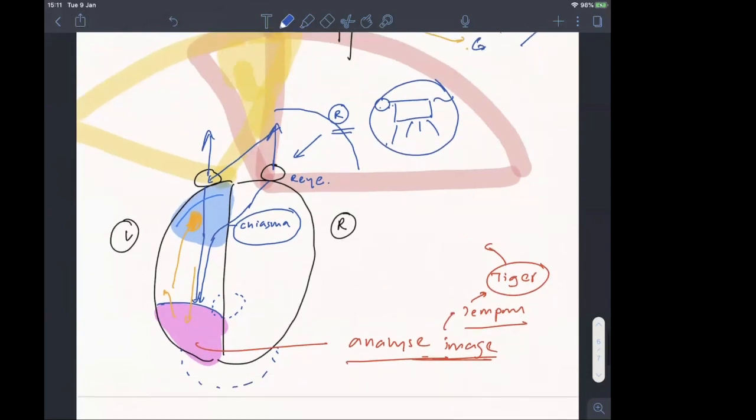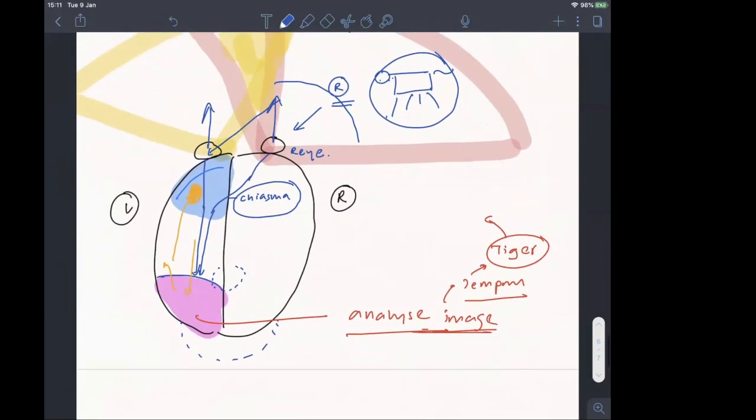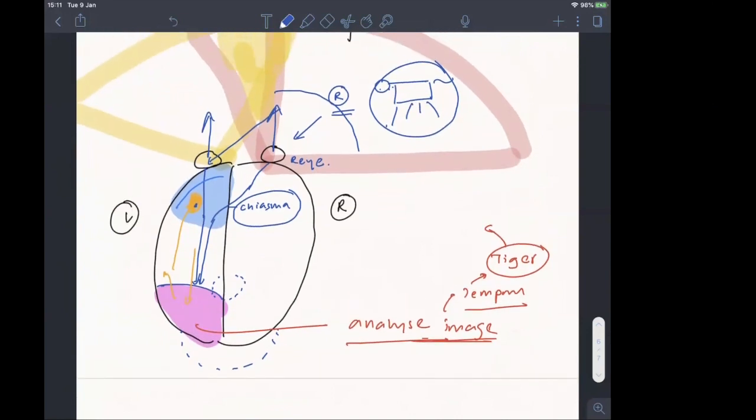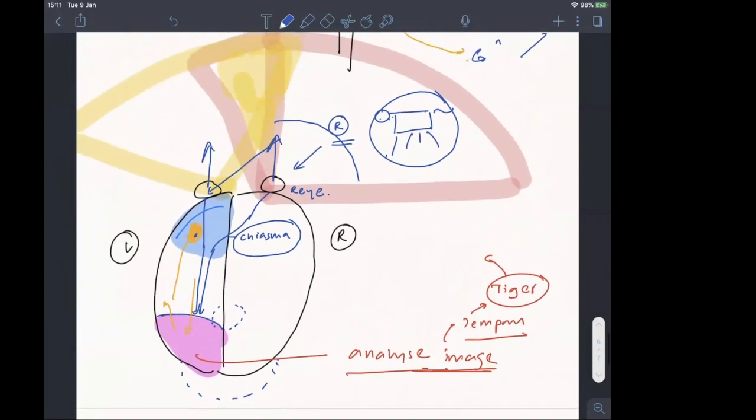But that image has gone into your occipital lobe and now it has reached your frontal lobe. And now your frontal lobe decides, oh, this is very important for me for my survival. So let me look towards it. So your eyes will turn from straight towards your right. And now both your eyes are looking directly at the tiger.